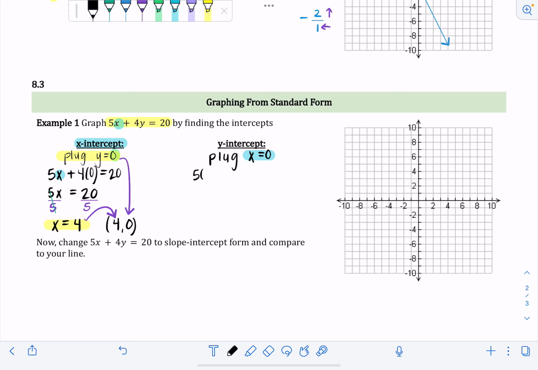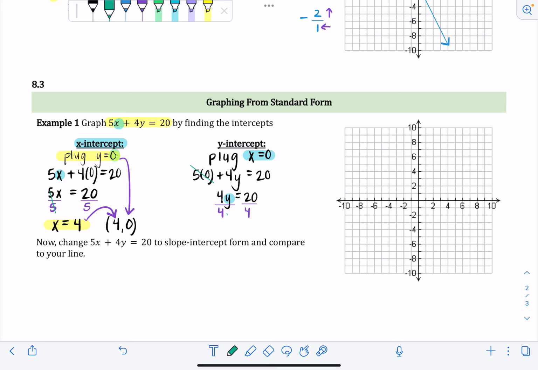So it'd be 5 times 0 plus 4y equals 20. And then 5 times 0, that's just 0, so that goes away. So we have 4y equals 20. And then our goal is to get that y by itself. So I have to undo the times 4, so I have to divide both sides by 4.